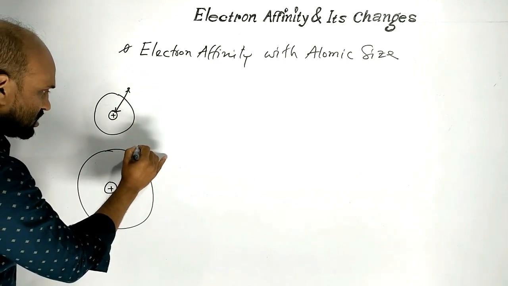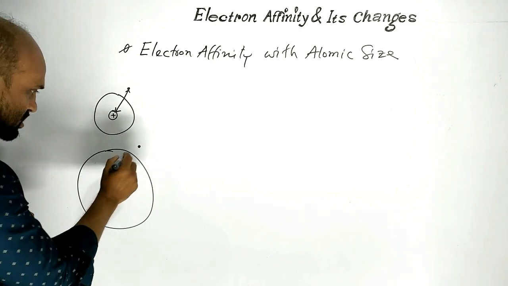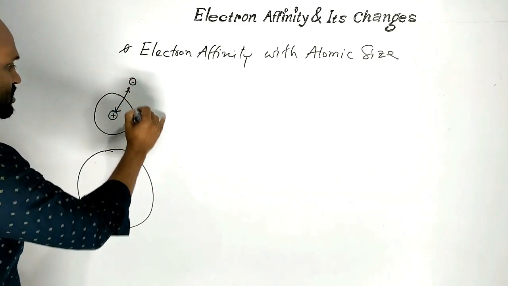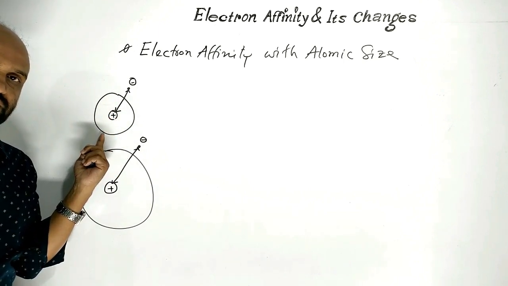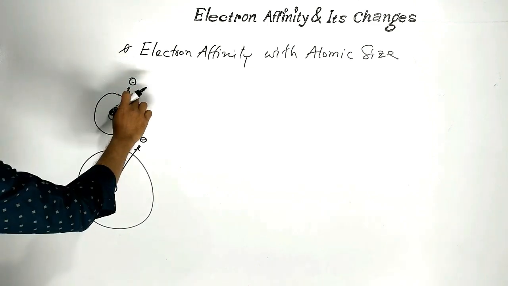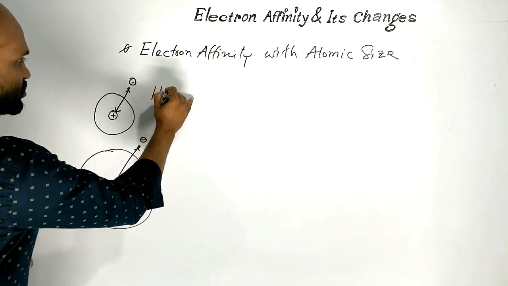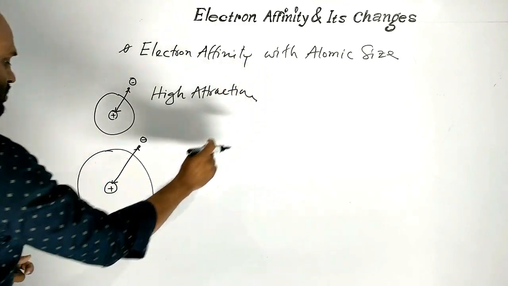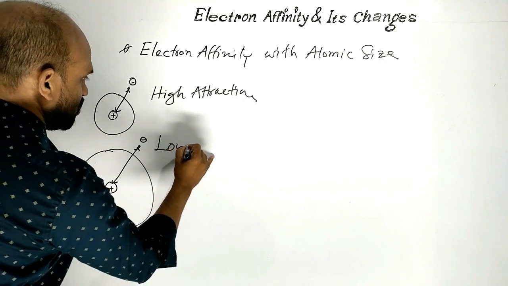Let us consider 1 electron which is attracted by this nucleus. Here this is the distance. We know the electron is negatively charged and the nucleus is positively charged, so there is attraction between nucleus and electron. In this case, shorter distance, high attraction. But in the second case, longer distance, low attraction.